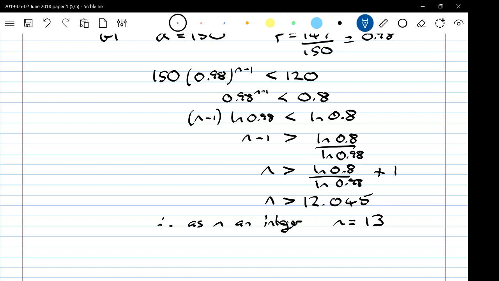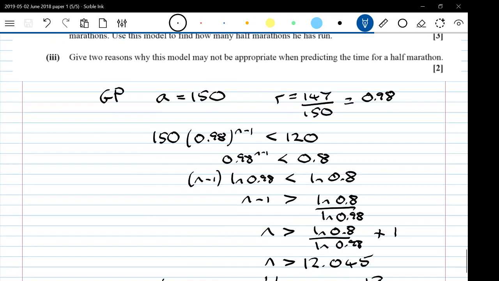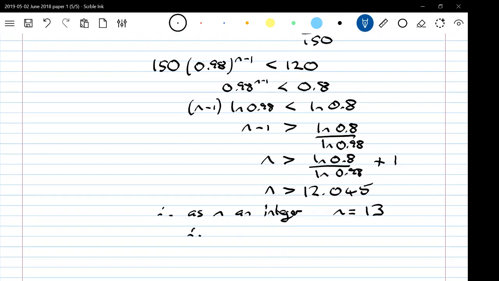13. I have not got all the marks, because this is a question that is all about context, so we have to put our answer back into context, and they really wanted you to say, therefore, the 13th half marathon.